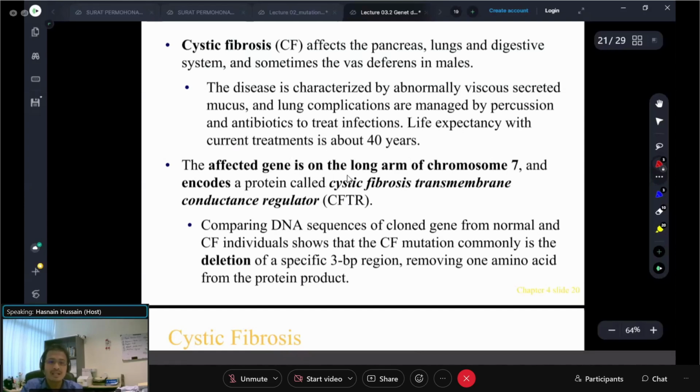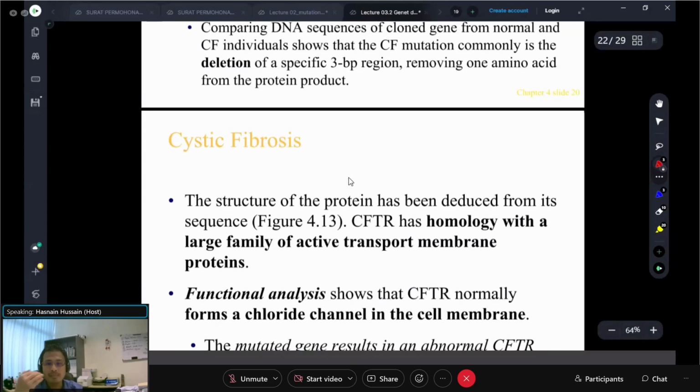So this is another example of a gene that can cause a defective protein structure, which causes the disorder. In this case, you cannot see it under the microscope like hemoglobin because it is a very, very small protein situated in the membrane.